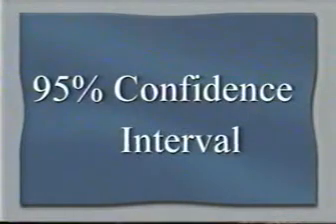The question is, how much confidence do we have in that interval? And the confidence is portrayed as a percentage. Typically, in most survey results you see in newspapers and magazines, on radio and television, we use a 95% confidence interval.